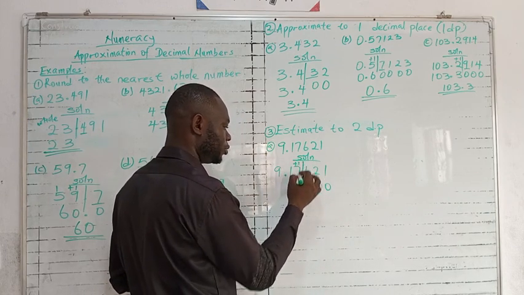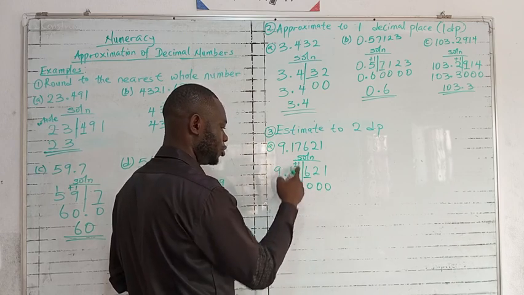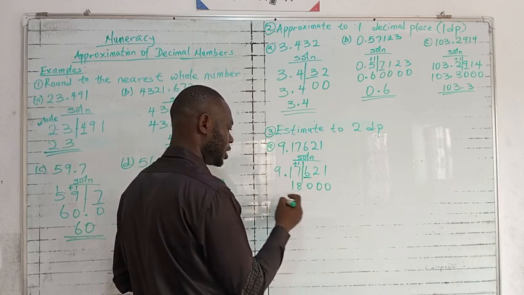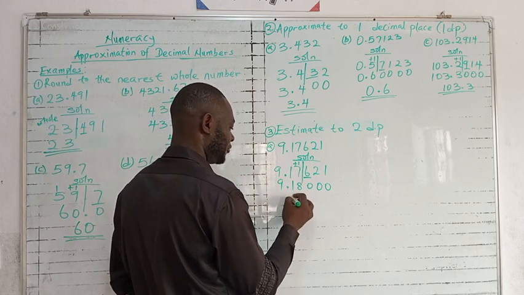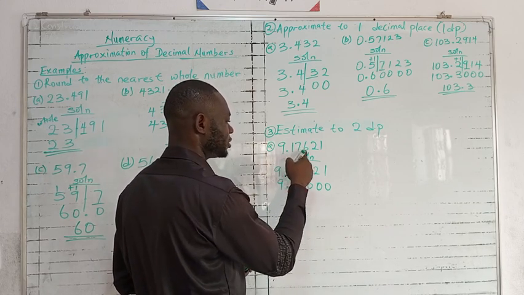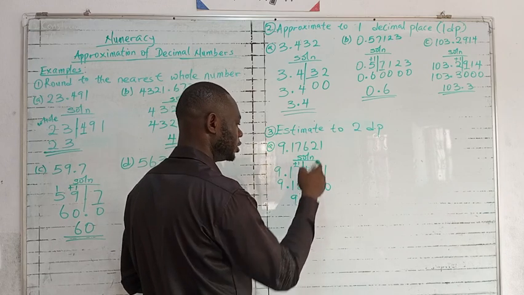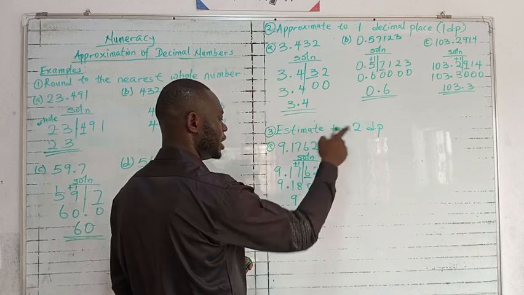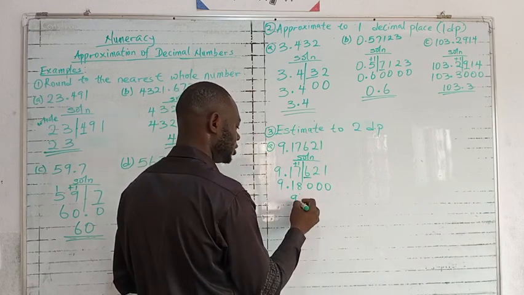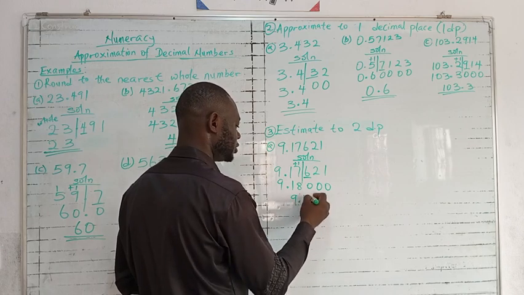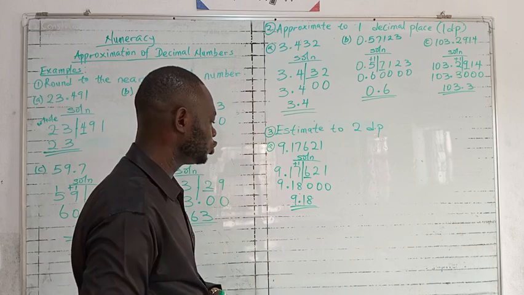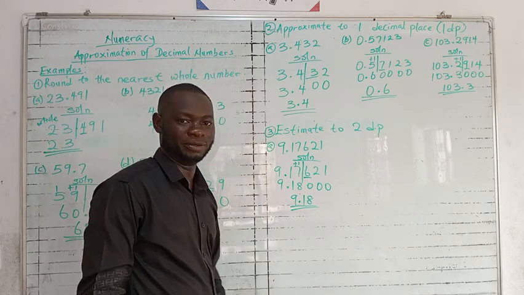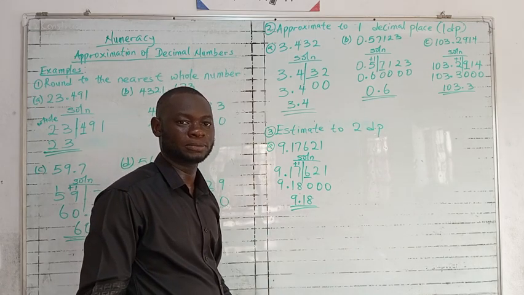Group B. We add 1 here. 6 becomes 0. 1 plus 7, 8. Bring down 1. Bring down point. Bring down 9. Therefore, 9.17621 rounded to the nearest 2 decimal places is 9.18. You can now see that the answer here has only 2 decimal values. Alright?